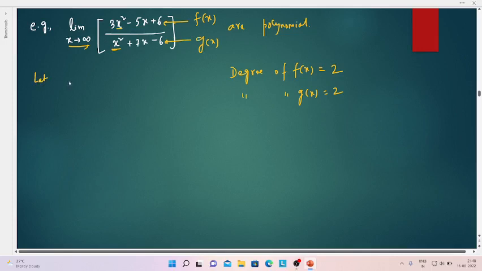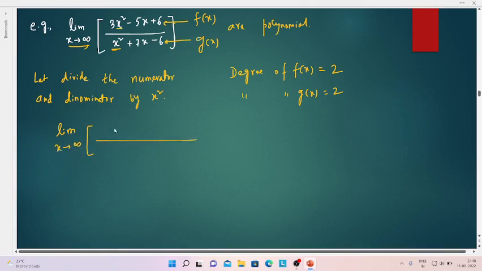So let us divide the numerator and denominator by x square. That will become the limit as x tends to infinity, where the numerator will become 3x square minus 5x plus 6 upon x square, and the denominator will become x square plus 7x minus 6 upon x square.